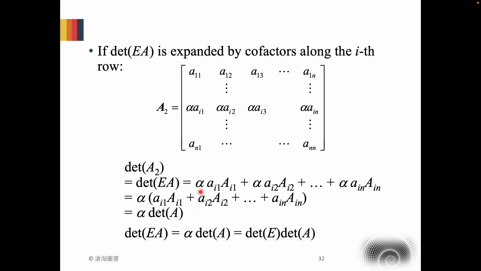If we take alpha out, then the expression in the parentheses is the determinant of A. So the determinant of EA is equal to alpha times the determinant of A, which is also equal to the determinant of E times the determinant of A. This is the result for the type 2 row operation.